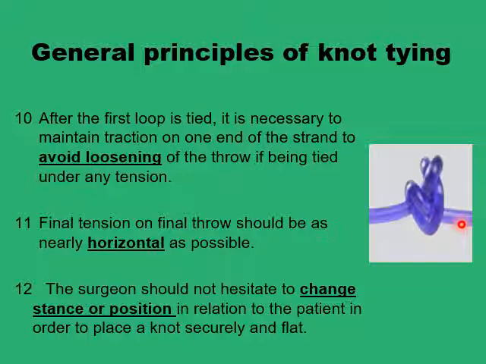This is best applied in the direction of the knot itself, as horizontally or flat as possible. If force is applied in a vertical or diagonal direction, it tends to loosen the knot more and also risk pulling out of the tissues the knot has been applied to.